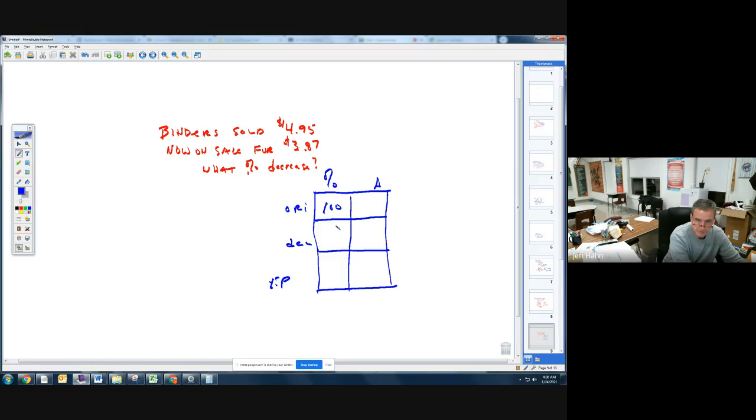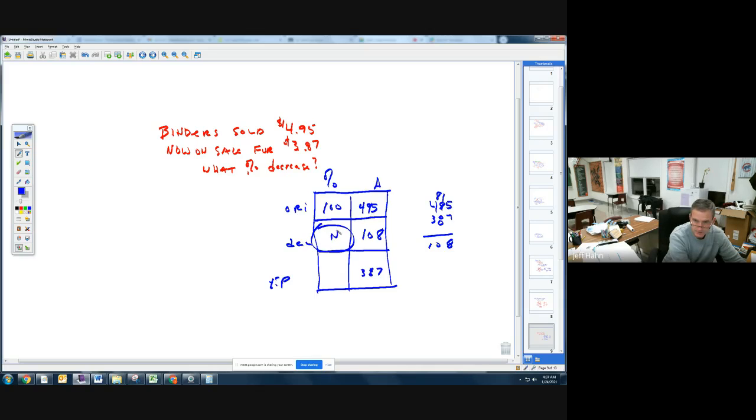I don't know any of my other percents, but I do know my starting price, and we could do this, just change this to cents so we don't have to deal with decimals. 495 cents. I finally pay 387 cents. What is going to be my sale price is always the decreased percent. So I'm going to have to do my subtracting here. You really don't need a calculator for that, I hope. I'm getting 108 cents off.